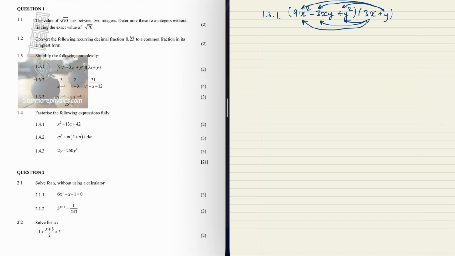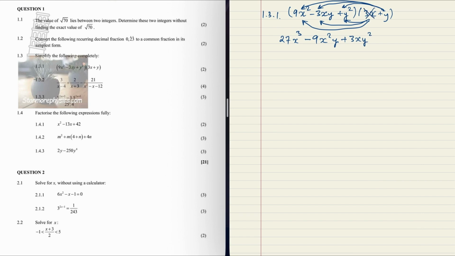So I'll get started. So 9x squared multiplied by 3x is going to be 27x to the power of 3. Then 3x times minus 3xy is giving me minus 9x squared y. Then 3x times y squared is positive 3xy squared.